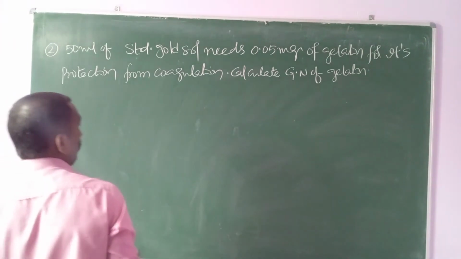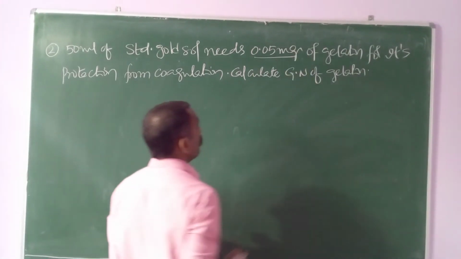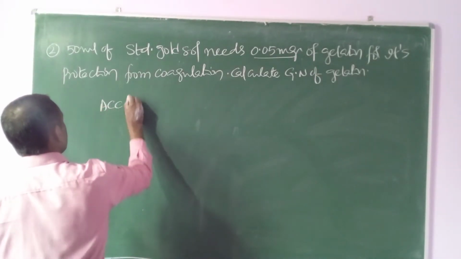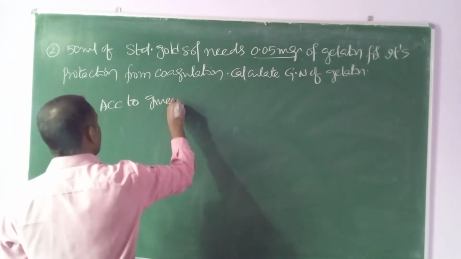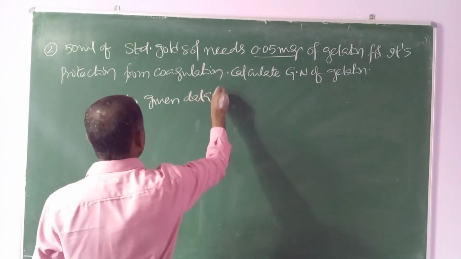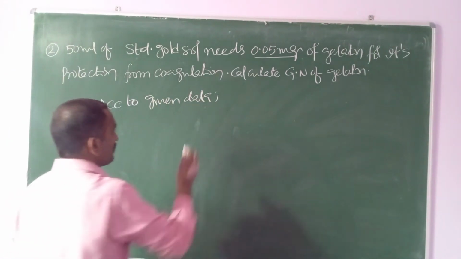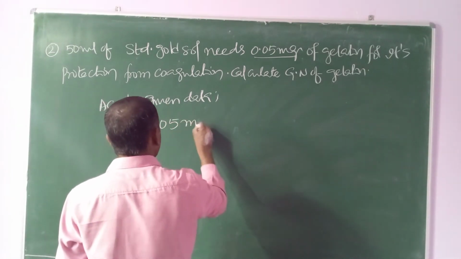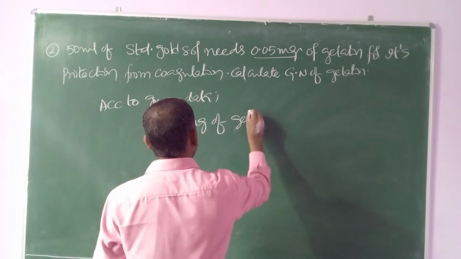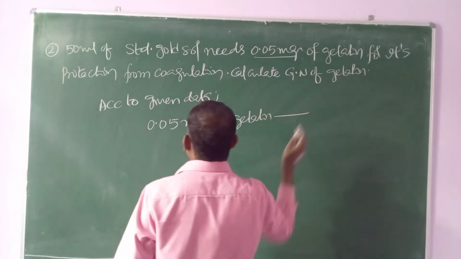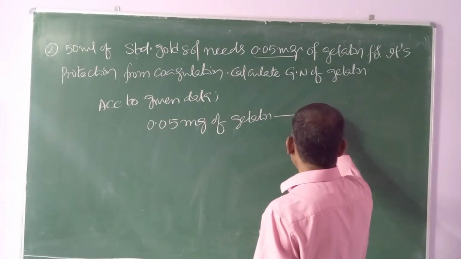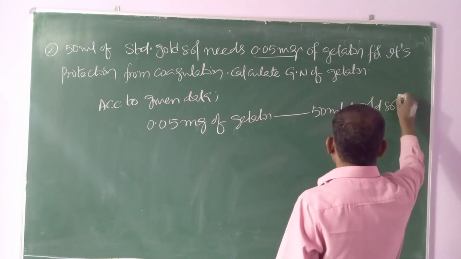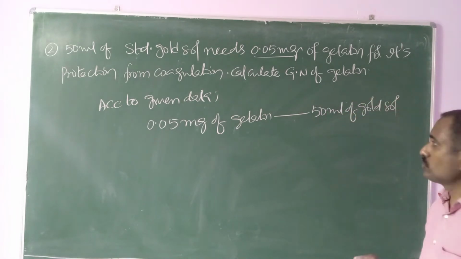Now here they have only given directly 0.05 milligrams of gelatin. So according to given data, here NaCl is not given. Not given means don't consider. According to given data, 0.05 milligrams of gelatin is added to 50 ml of gold sol.